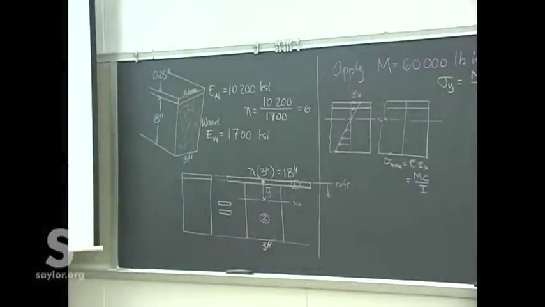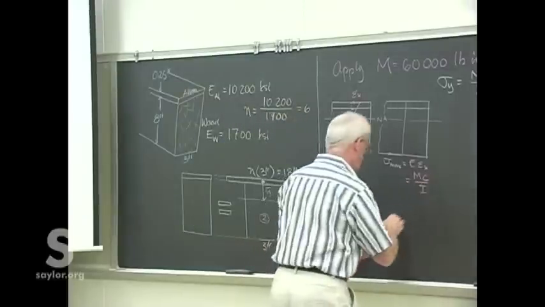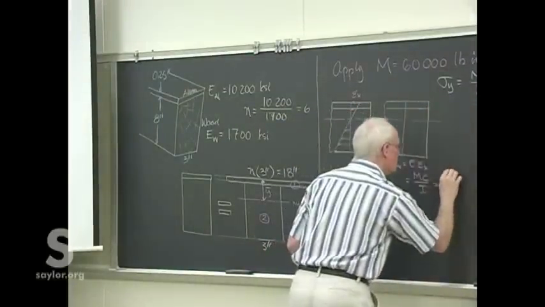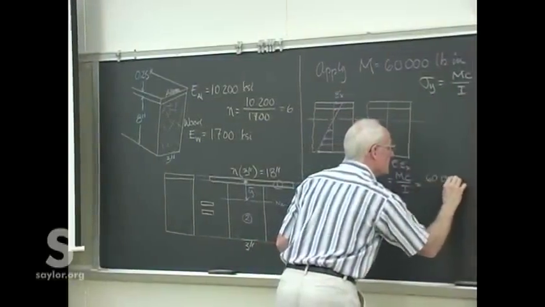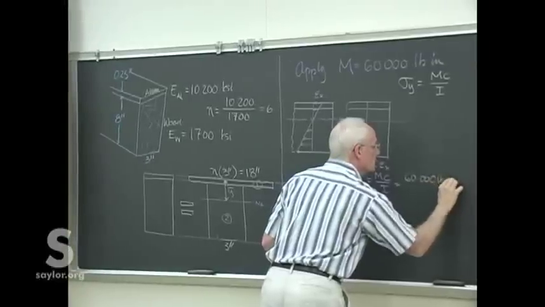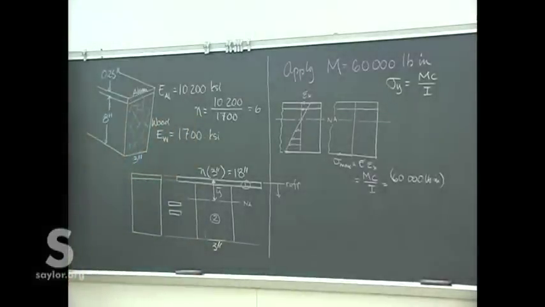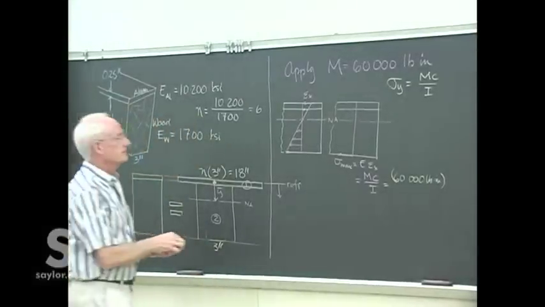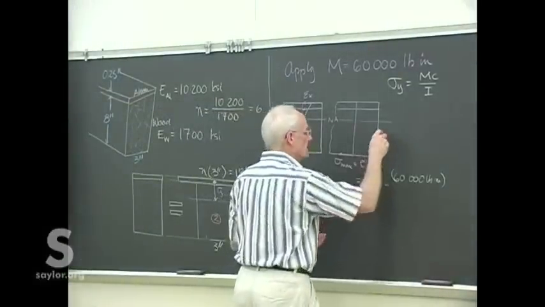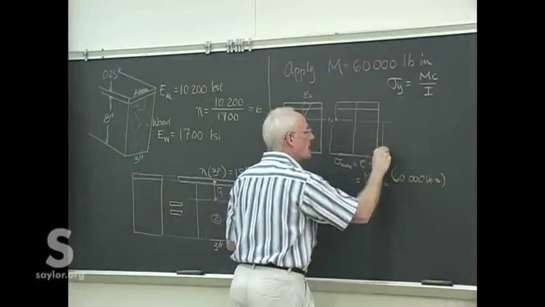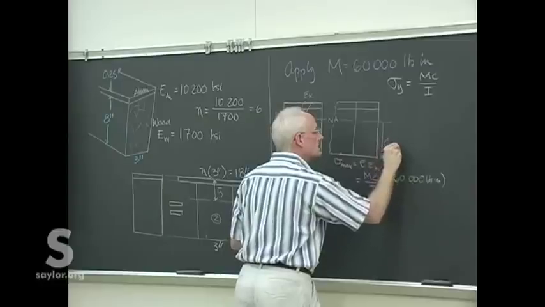With those very same numbers that we've got there, we've got an applied moment of 60,000 pounds inch. C, now remember, for the wood is all the way down to the bottom from the neutral axis.